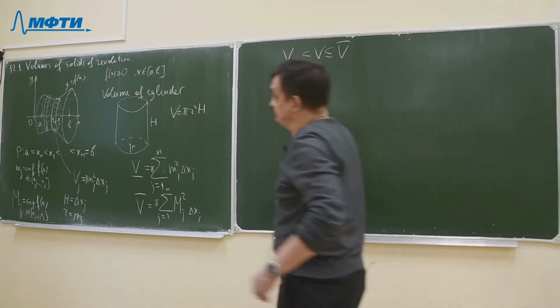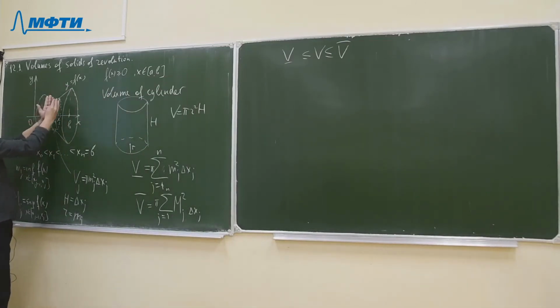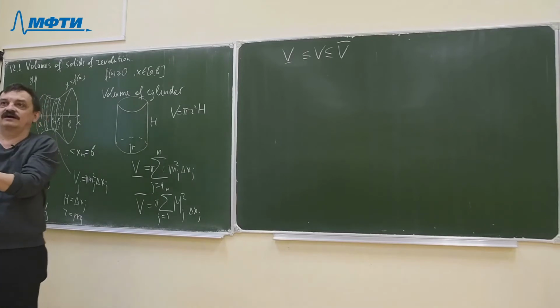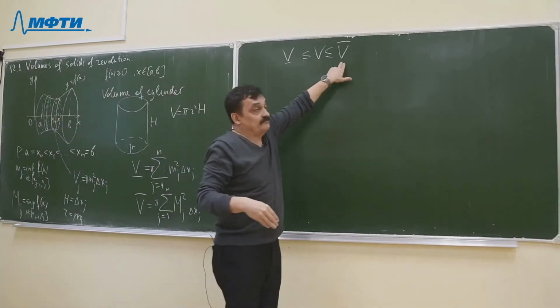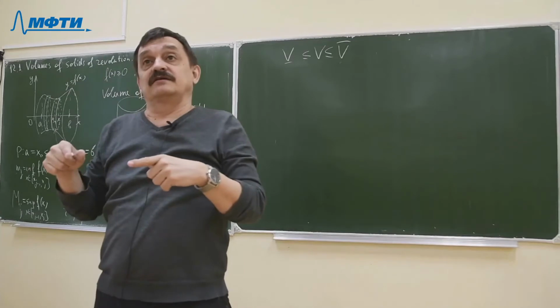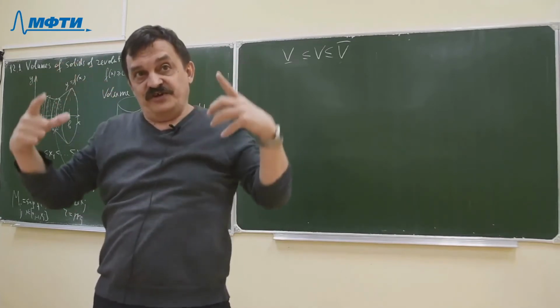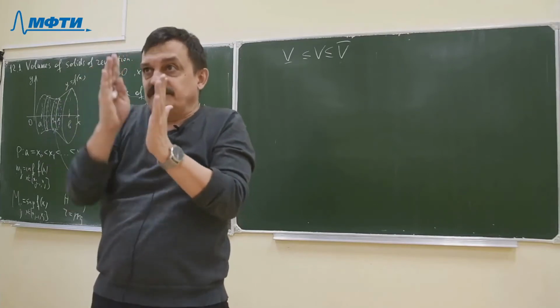One of them is the volume of a figure which consists of several thin cylinders, and each of those cylinders lies inside our solid. Another volume, V overlined, is the volume of a figure which consists of several thin cylinders.